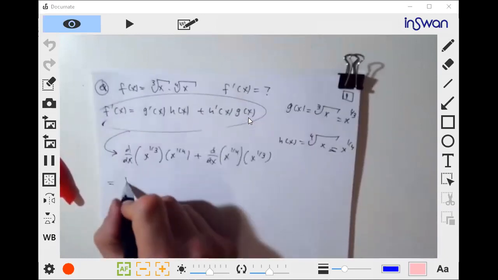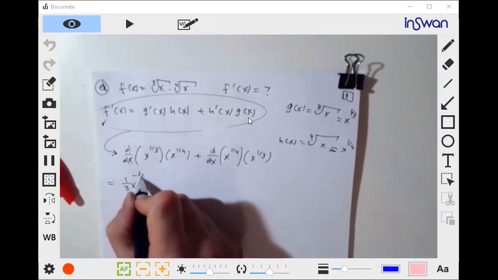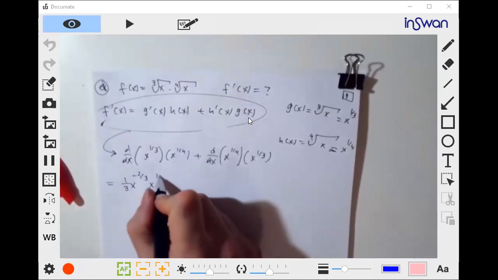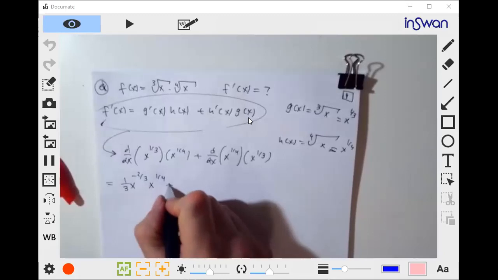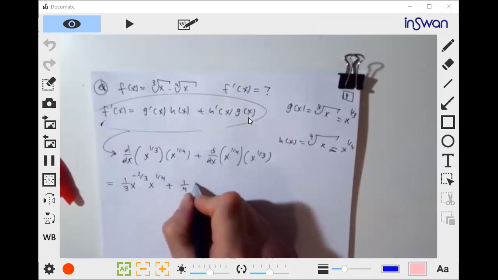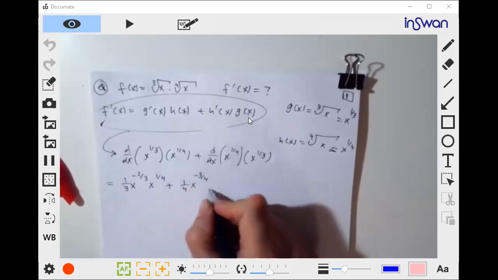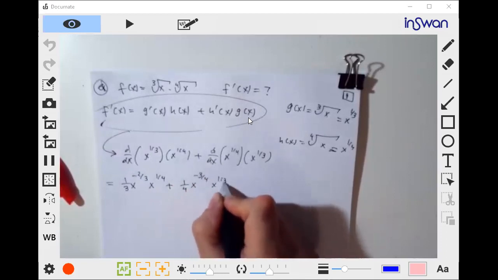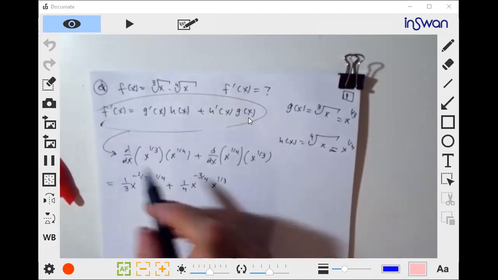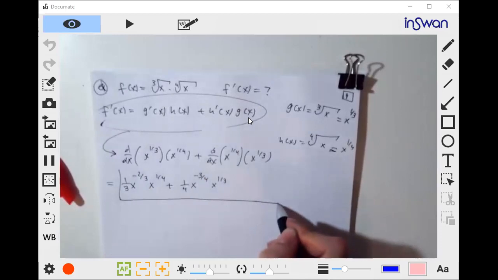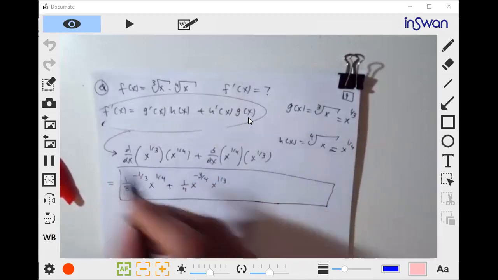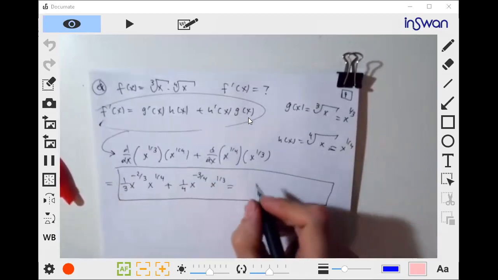So then this ends up becoming 1/3 x to the negative 2/3, x to the 1/4, plus 1/4 x to the negative 3/4, x to the 1/3. You could leave the answer like this, or you can re-express it like so.